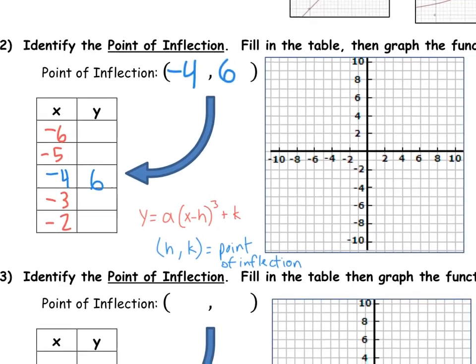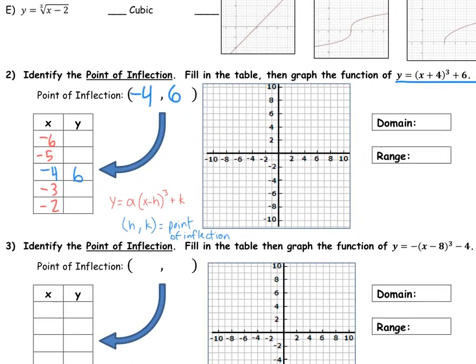Now if we plug these remaining values into that function, if we plug negative 3 in, we get negative 3 plus 4, which is positive 1. Positive 1 cubed is positive 1, and 1 plus 6 is 7. If we plug in negative 2, negative 2 plus 4 is positive 2. Positive 2 cubed is 8, and 8 plus 6 is 14.